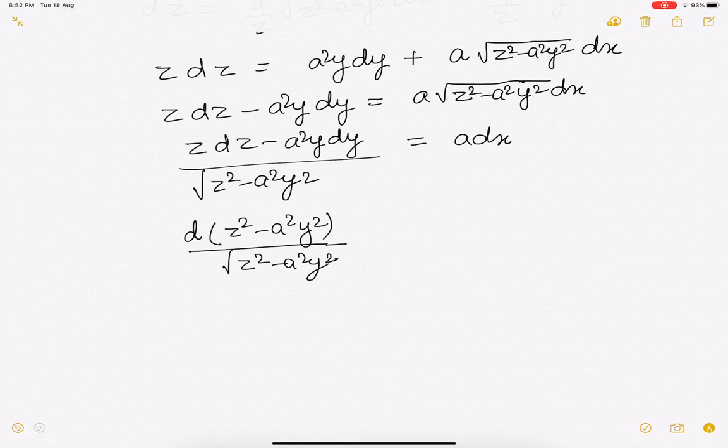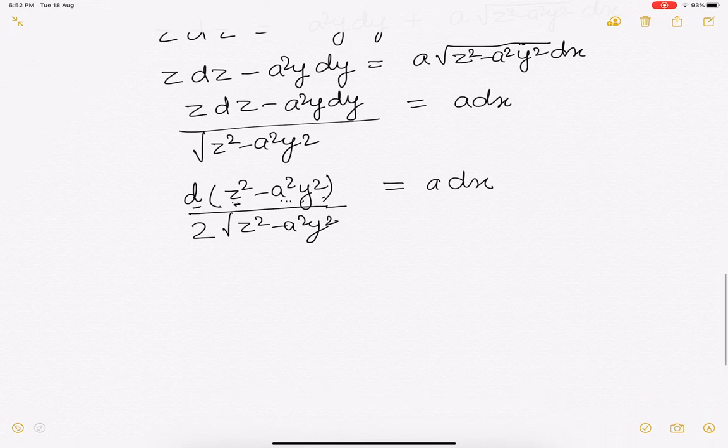Now let us differentiate this and see which term is missing. When we differentiate this, we'll get 2z dz, and here we get 2a square y dy. So here we have to take 2 here, because the numerator is now multiplied by 2 when we open it. So this is equal to a dx.